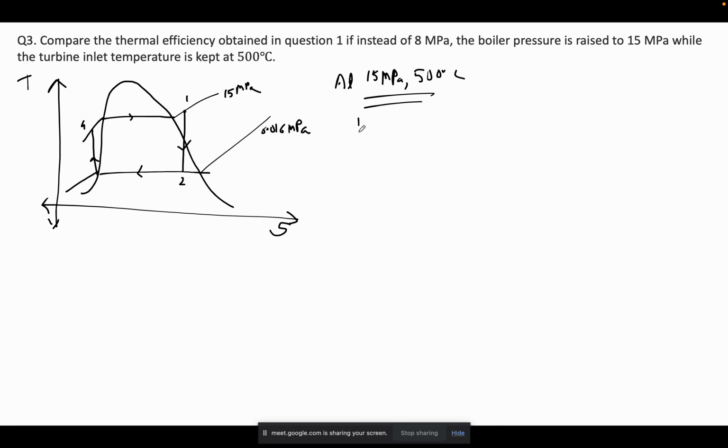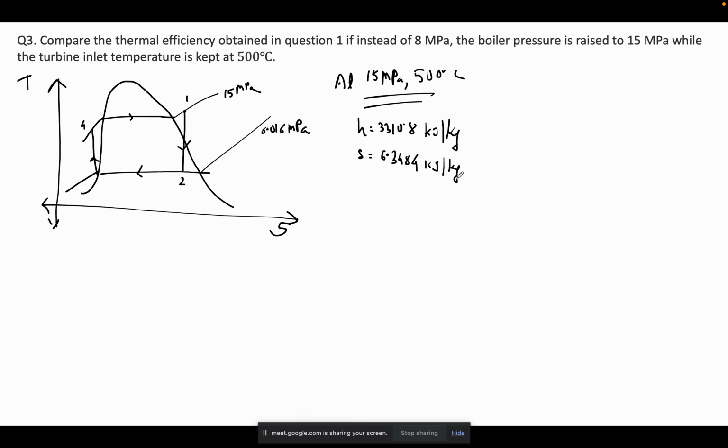What we got, H is equal to 3310.8 kilojoule per kg. Okay, and S I got as 6.3484 kilojoule per kg Kelvin.